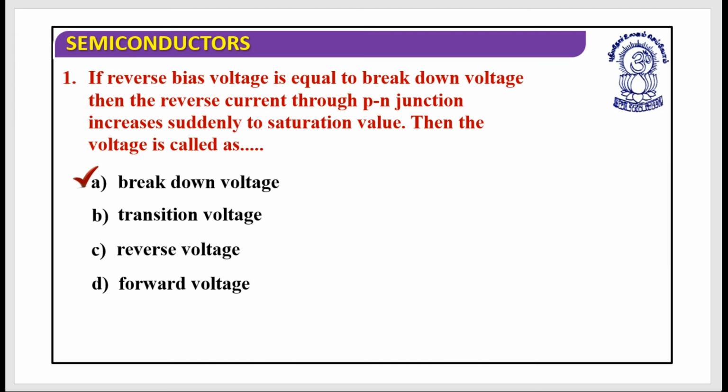Let's look at quick questions. The question says, if reverse bias voltage is equal to the breakdown voltage, then the reverse current through the PN junction increases suddenly to the saturation current. Then this voltage is what we call the breakdown voltage.